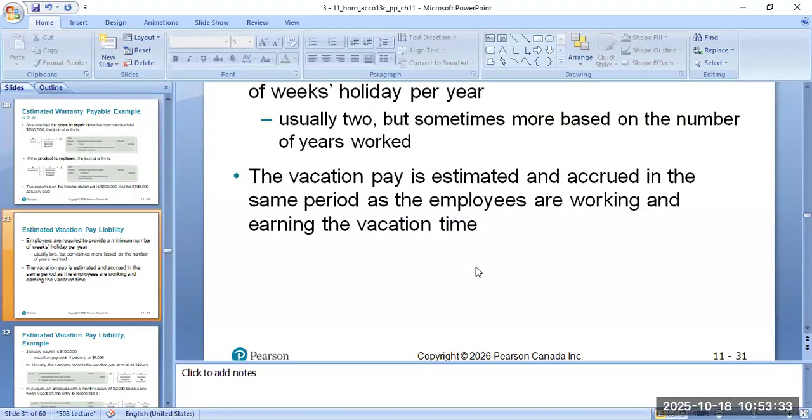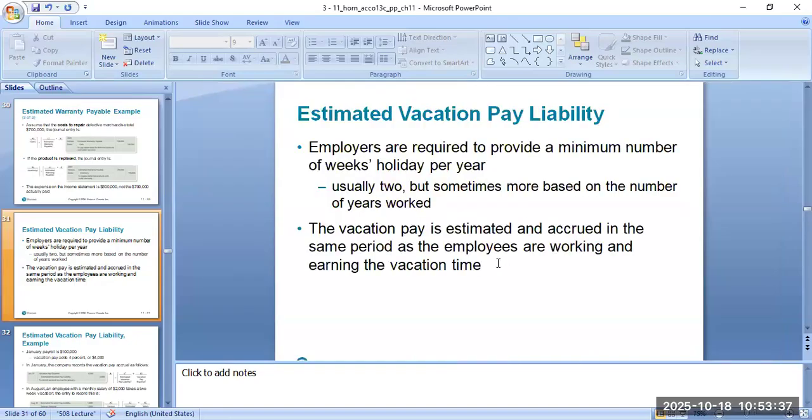The other estimation that we have to do as an accountant at the end of the reporting period is to estimate: is there any vacation that we owe to our employees at the reporting date?